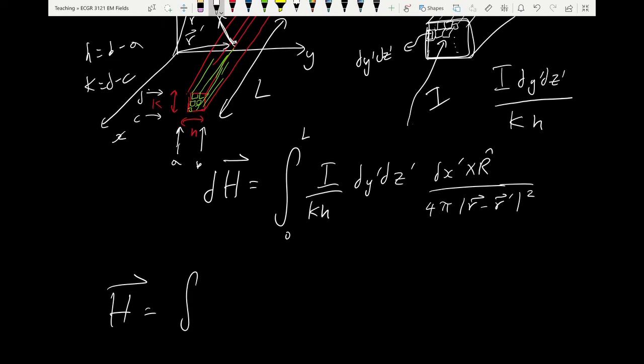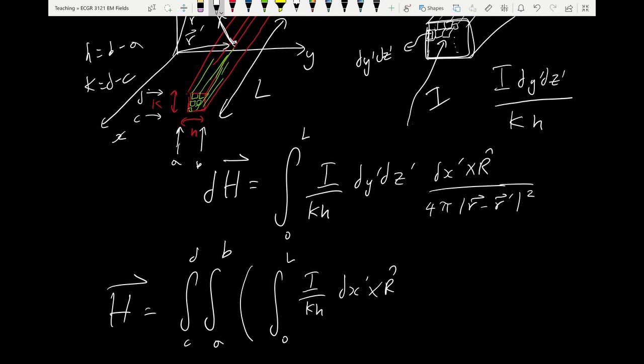I can say I'm integrating from C to D and integrating from A to B, right? And then I have a third integral integrating from 0 to L I over KH dx prime cross R hat over 4 pi R minus R prime squared, right?